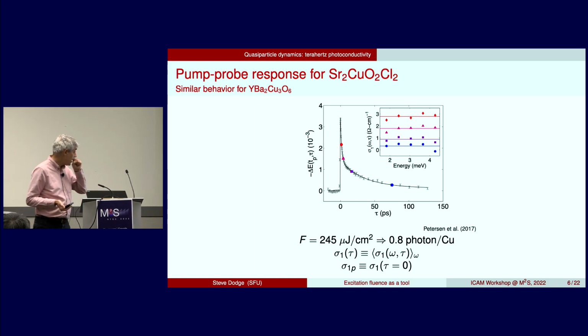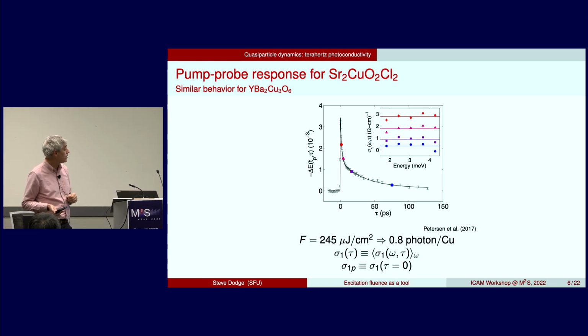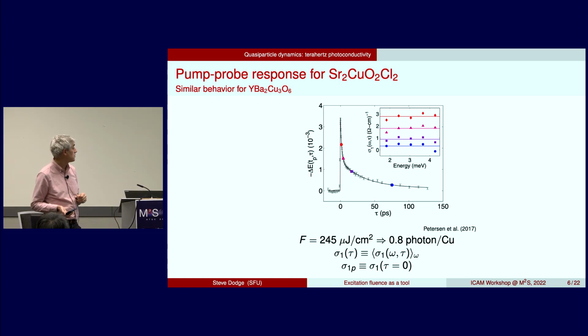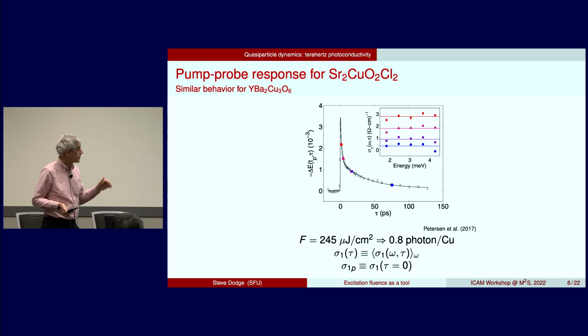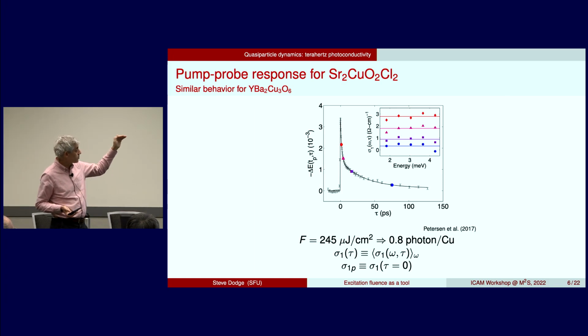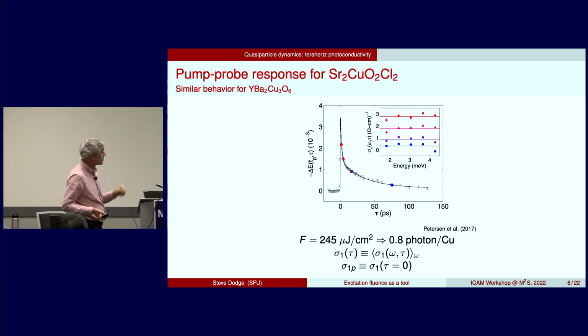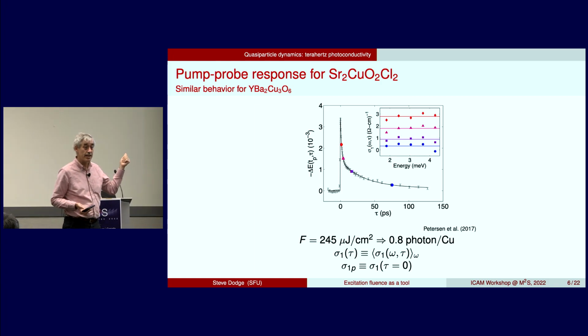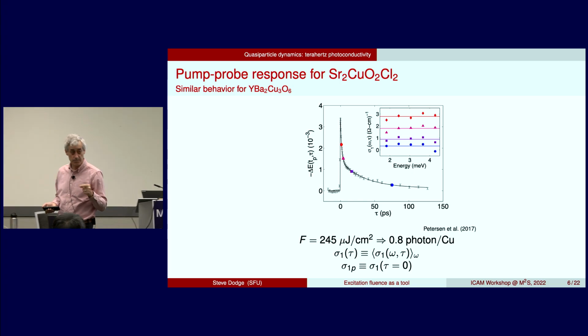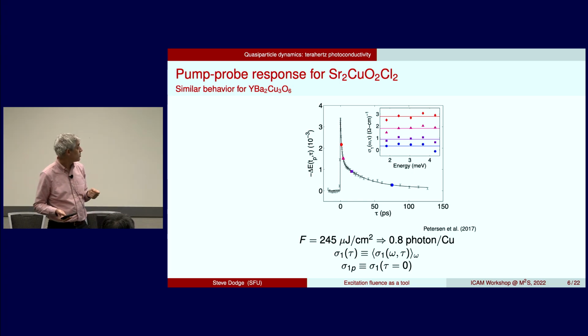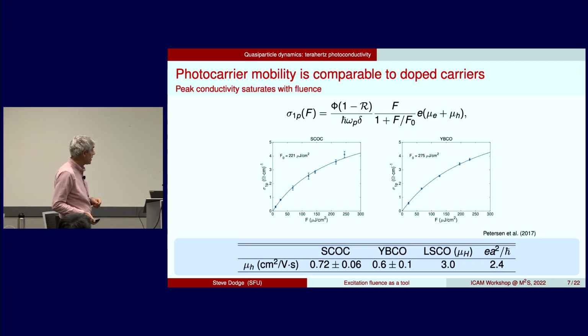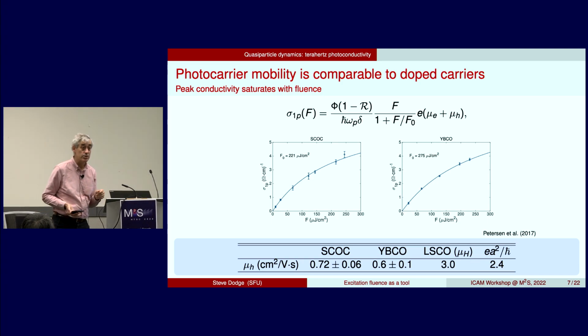At a fluence of about a quarter of a millijoule per centimeter squared, which is a little bit less than a photon per copper, we can look at the total amount of photoconductivity by looking at the height of that peak, which in this case is the change in the electric field in our terahertz signal. We can then convert that into a conductivity using the expression above.